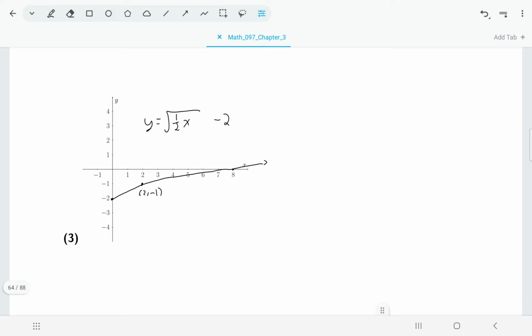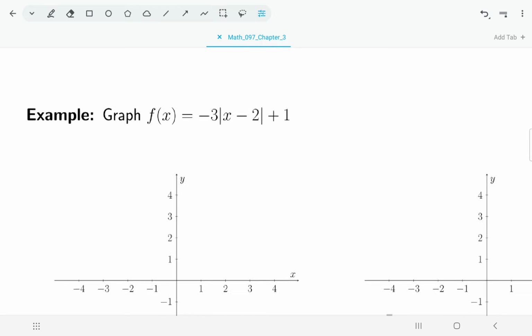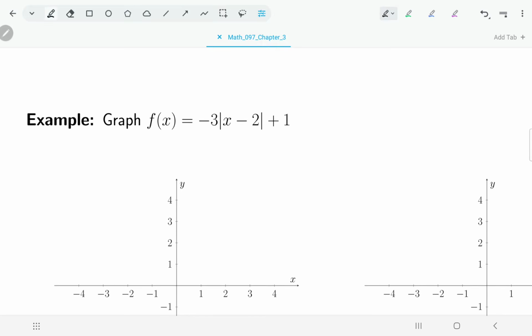All right, so we've done one example. So we've only had one of each kind of transformation, one vertical, one horizontal. Let's do one where I've got more than a couple of transformations. Here, 3 transformations. I have the absolute value of x as my basic shape. Inside the absolute value function, I have a minus 2, which means we're going to be going to the right by 2, or in other words, adding 2 to every x.